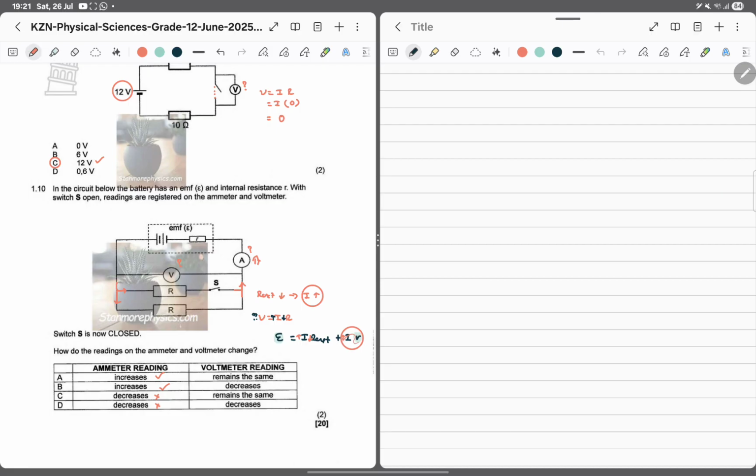An increase in I will increase the lost volts. So the lost volts are increasing. If the lost volts are increasing for the same EMF, it means the external voltage available will be less. So that should decrease. So our answer is B.